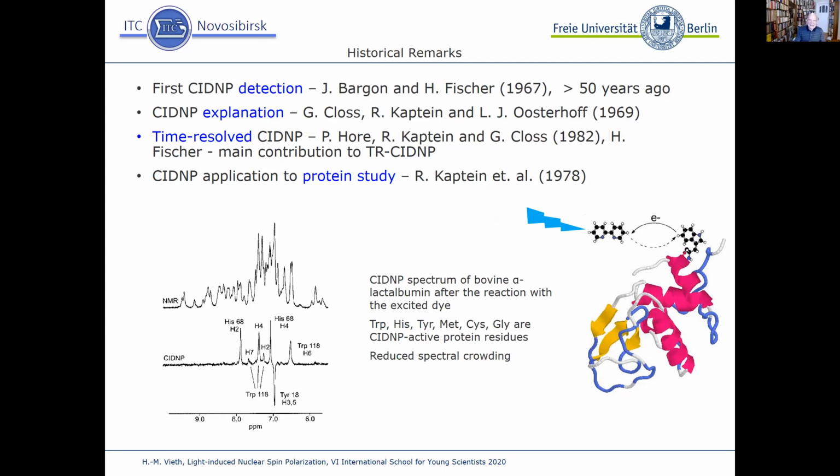And you see that here CIDNP is not only used to enhance signal amplitudes, getting better signal to noise, but also to remove or partly remove spectral crowding, meaning you can see individual lines which are not resolved in the NMR spectrum seen on the top. That was one of the main applications in the early years.